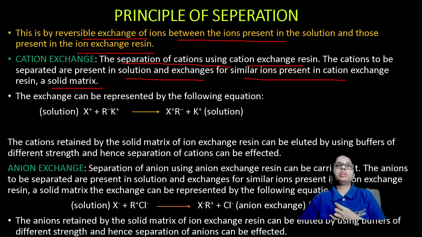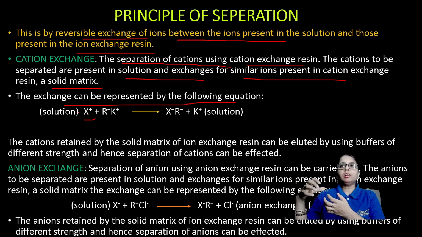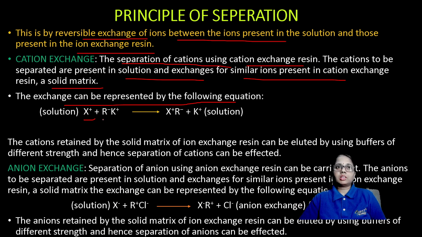The exchange can be represented by the following equation: X plus, which is the sample containing positively charged ions, and R minus K plus, the resin. They exchange to give X plus R minus, and the positive ions are separated.